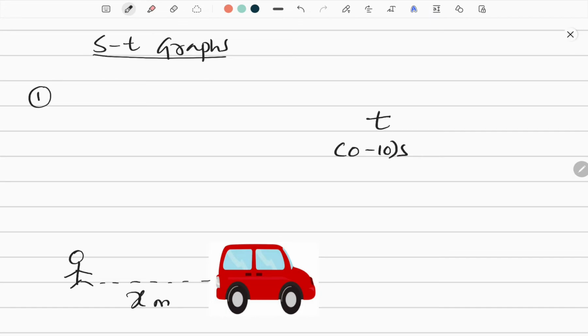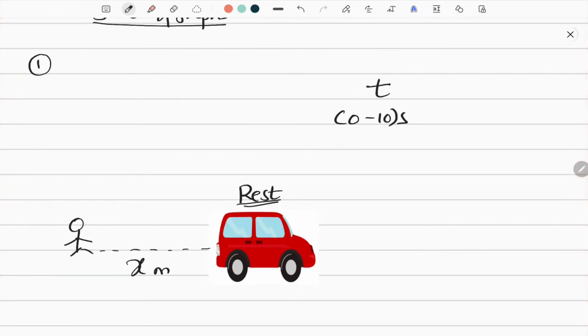Then he found out that this car was here only. It was not moving, it was at rest. That means when he saw for 0 to 10 seconds, it was at a distance of x meter. Now he observed it for 10 to 20 seconds. Again it was at the same position, x position only. It was not moving forward and it was not coming back.